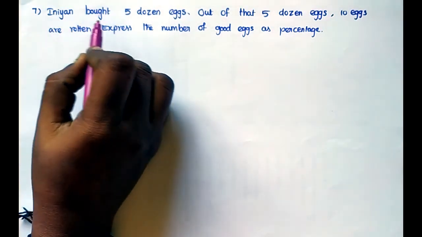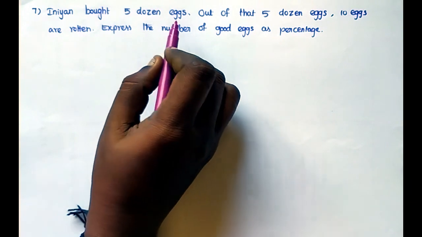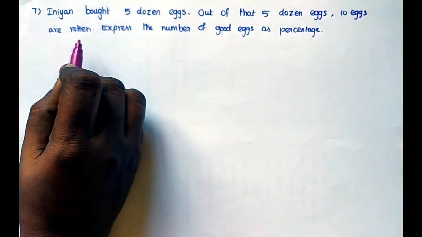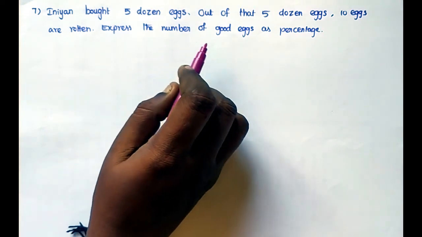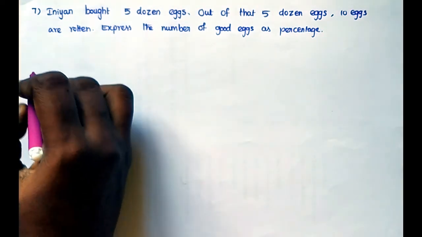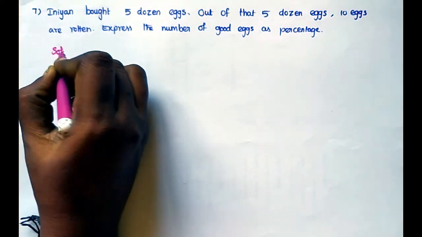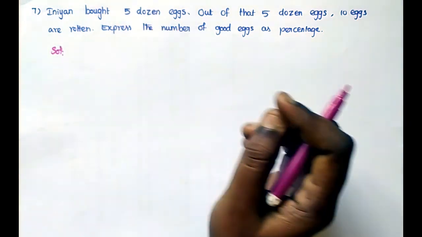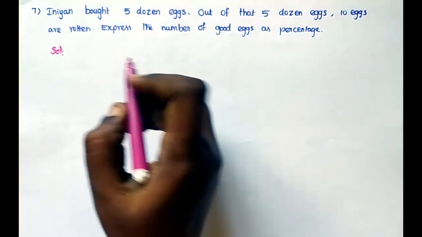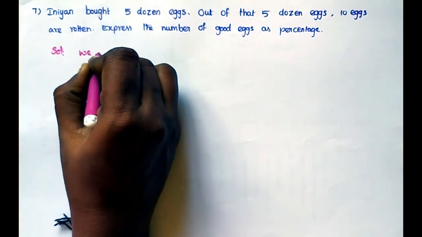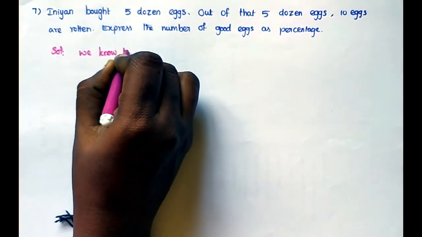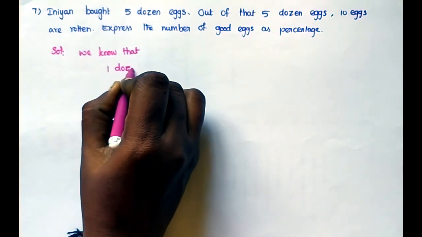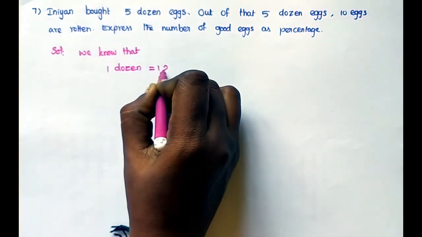Seventh sum. Indian bought 5 dozen eggs. Out of that 5 dozen eggs, 10 eggs are rotten. Express the number of good eggs as percentage. Listen. 1 dozen equal to 12 eggs.